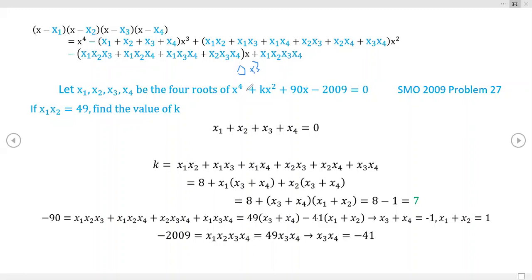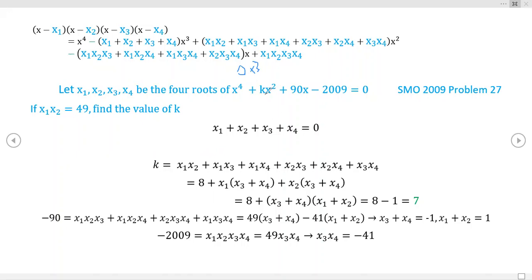So there is a missing third degree term. And for that reason, we have to set the x1, x2, x3, x4 sum, which is the coefficient of x cubed here, equal to 0. So we do know that the sum of the zeros is equal to 0, actually.